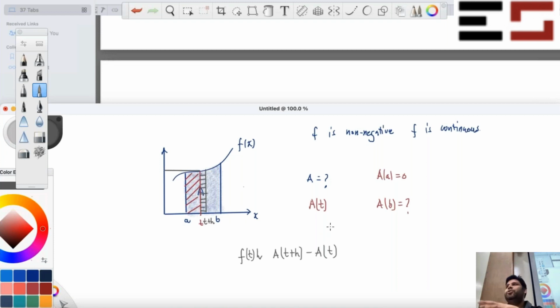F of t into h is the area of the rectangle whose base is h and height is f of t. But this area is not the area of a rectangle, right? The curve might not be flat. Let's not talk about what happens as h tends to 0 right now. Just give me this answer using these assumptions, using the fact that f is increasing. Is there any connection?